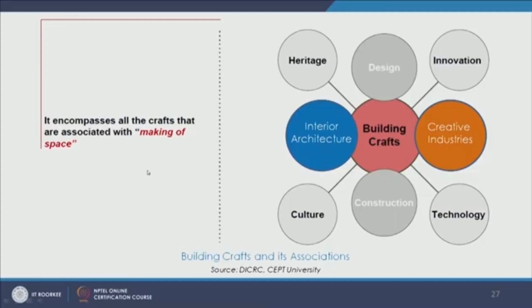Then we tried to understand what building crafts are, and we could sum up that the crafts associated with the making of space are known as building crafts, and there is this DICRC model that we discussed in detail.